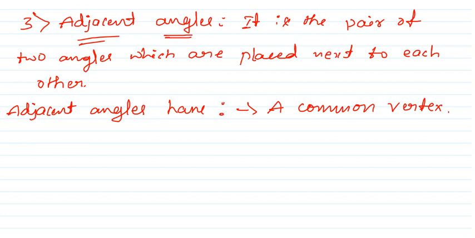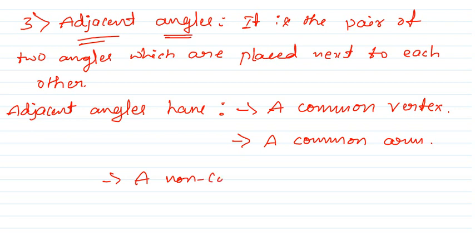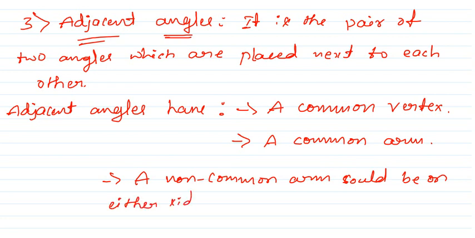Second condition is a common arm or line segment, a common arm, and the last one is a non-common arm could be on either side of the common arm.